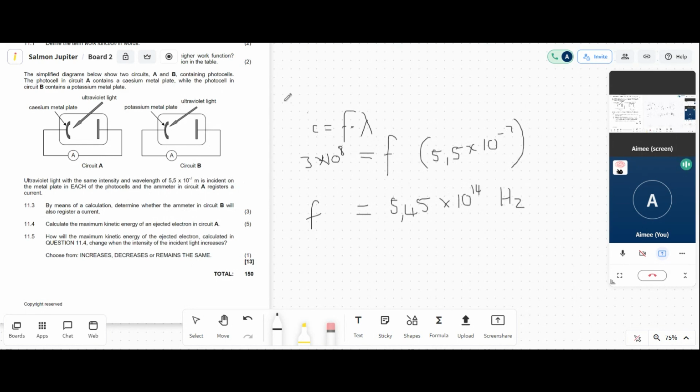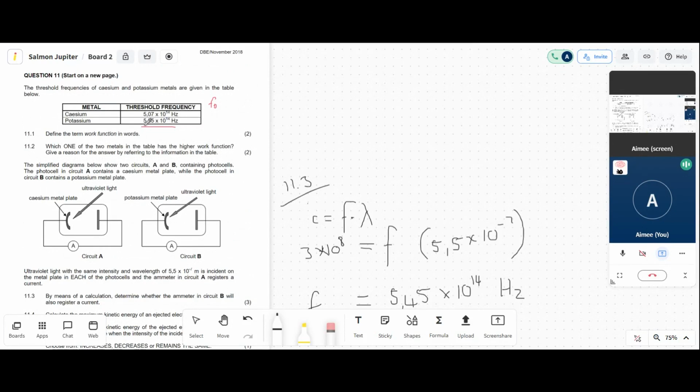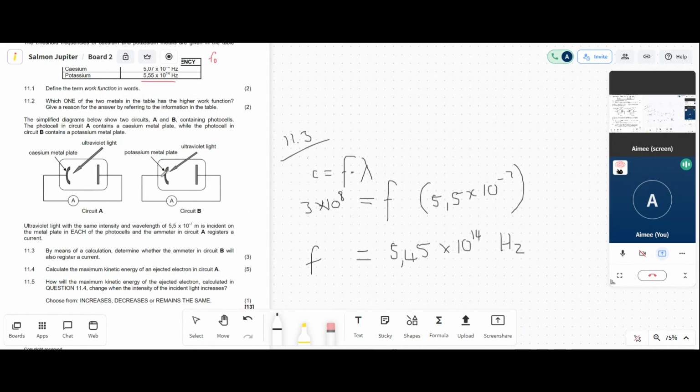Remember, we're on question 11.3 now. So now we say, well, this is my threshold frequency for potassium. This is the frequency of light that I need to be shone onto my potassium plate in order for electrons to leave the metal surface and travel through the circuit, and for electricity to be registered in the circuit.